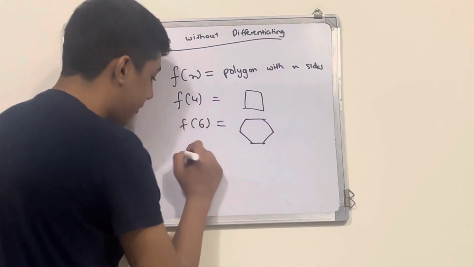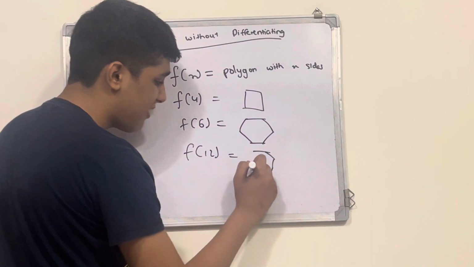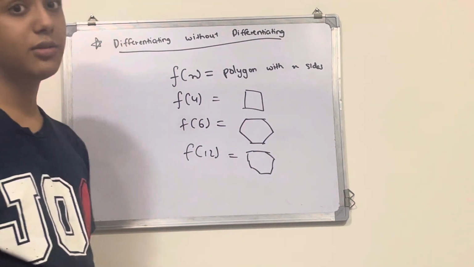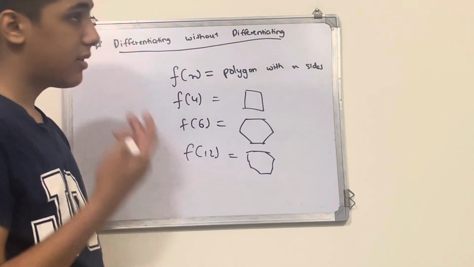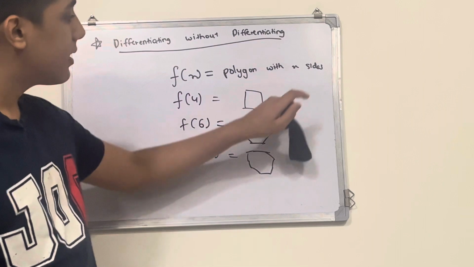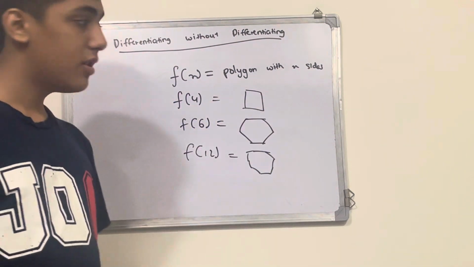Now f of 12. I didn't count. I don't know how much that is. It doesn't look like a circle, sorry for the bad drawing. But basically you can see the transition. It's going from a fully cornered shape into somewhat of a curve.